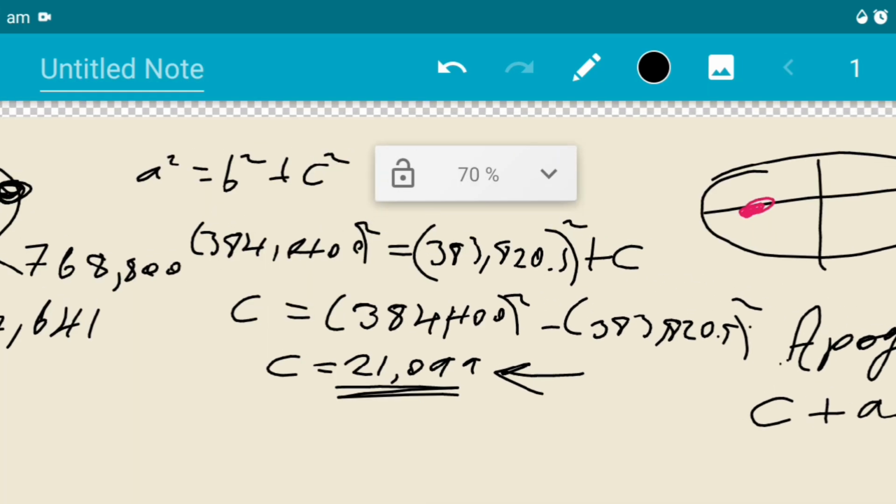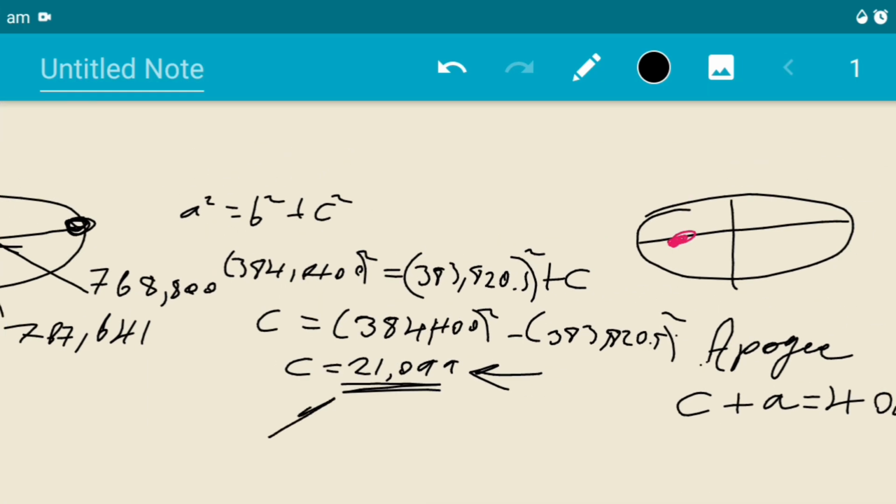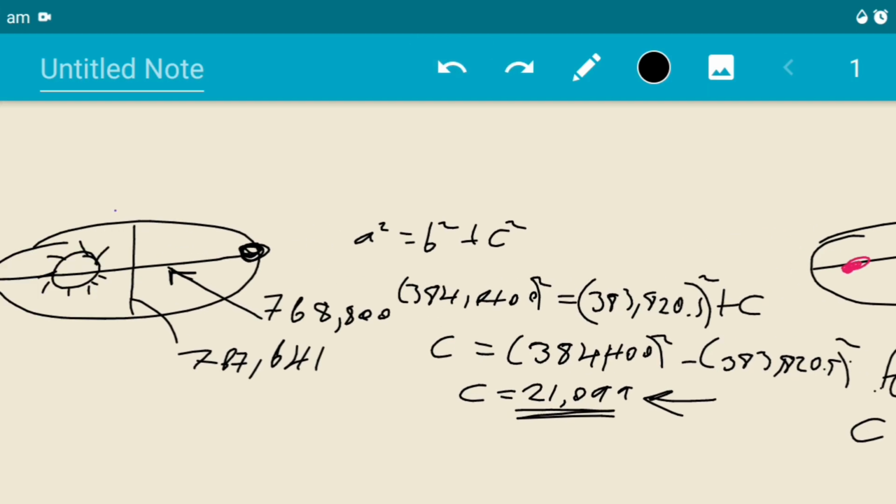So our C is what we found here. Our A is this distance right here. This is positive A, this is negative A. Then at the top, this here is positive B, this here is negative B.